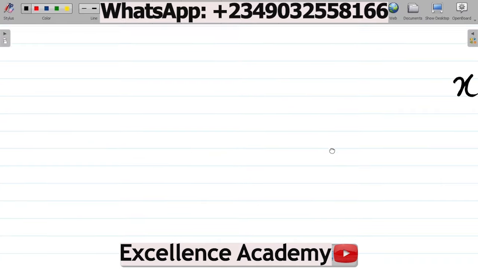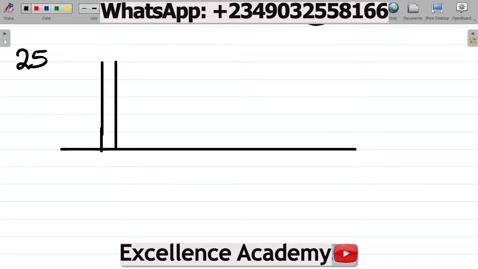For 25, let's use a diagram for this. The first thing we want to get there is a tower. Let's use this as a tower. We just bring it down a bit. So this is the ground floor.